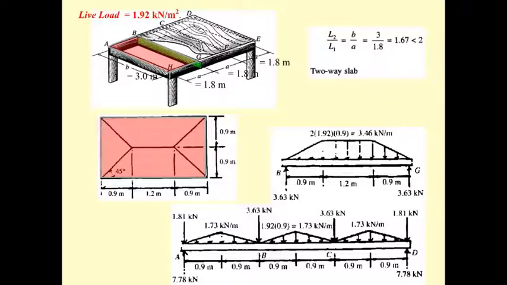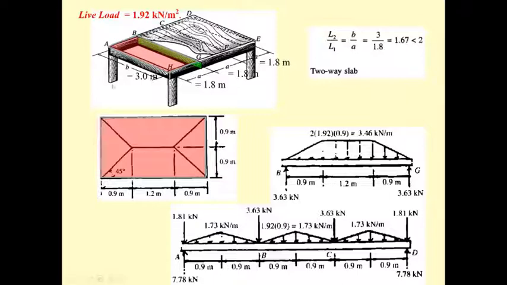If it's larger than 2, the load distribution is going to be one-way action. One-way action is simple. The floor transfers the uniformly distributed load in a rectangular shape acting on the beam, and then the reaction of the beam is transferred to the larger beam or the girder.